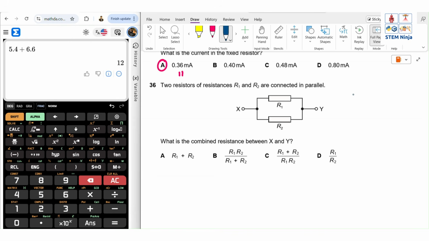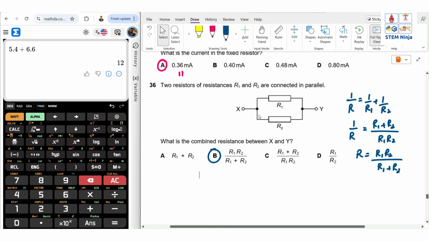When we do 1 over R equals 1 over R1 plus 1 over R2, we take the LCM R1 R2, giving R1 plus R2 over R1 R2. A common mistake is that this is still the reciprocal of effective resistance. So you still have to take the reciprocal, which becomes R1 R2 over R1 plus R2, which would be option B.